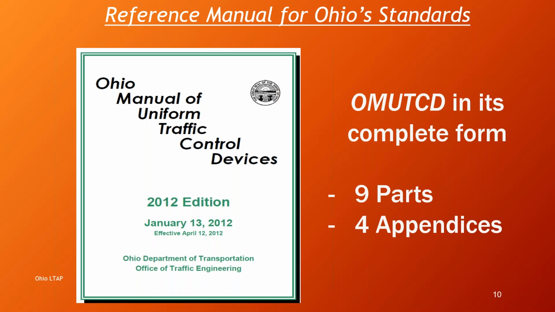You know, there's a general part about traffic control devices. And there are parts for different signs. There's a part for pavement markings. There's another one for school zones and railroad crossings, and, what else? Low volume roads has its own part, but there are 9 parts, and the part that we're interested in today is part 6.